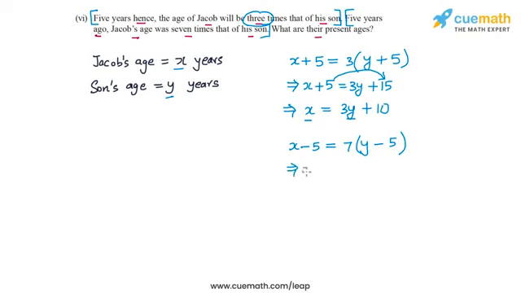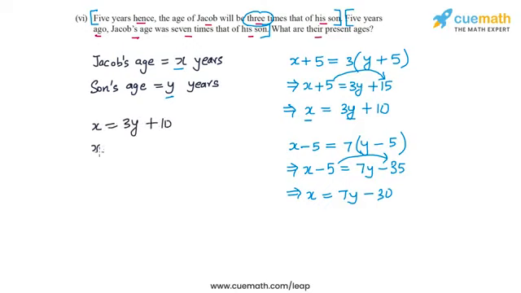Let's write it in the standard form. So we have x minus 5 is equal to 7y minus 35, or x is equal to 7y minus 30. So I've taken this 5 and added it on the right side. So the two equations we get are, let's write them here, x equal to 3y plus 10 and x equal to 7y minus 30. So these are the two equations we get.